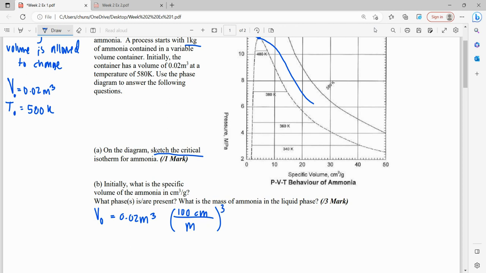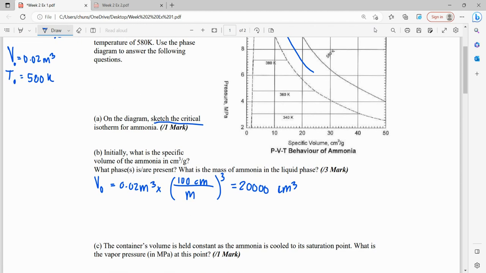Then we want to cube that. So this is equal to 0.02 times 100 cubed. This is going to be 20,000 centimeters cubed.